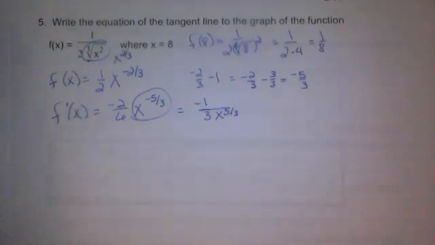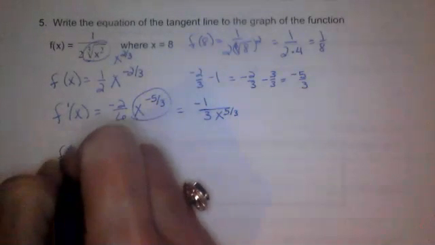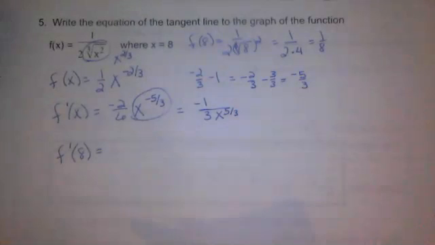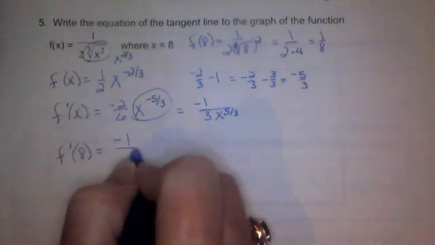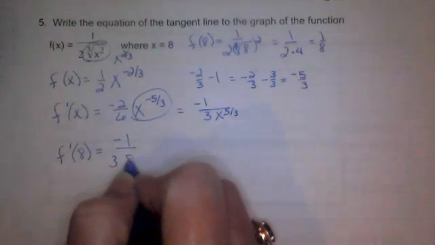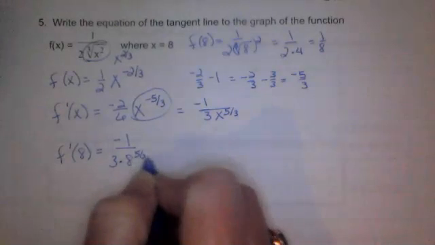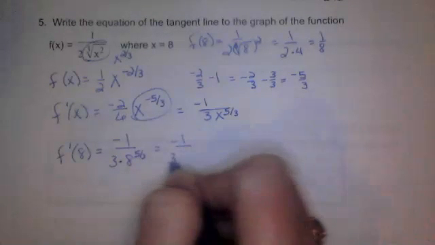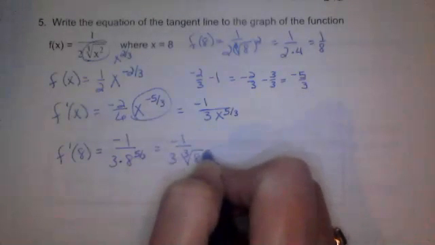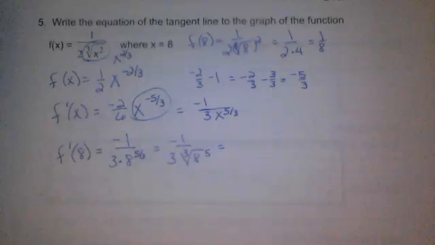Now, if you want to go ahead and put that as a root, you can. We're going to go ahead and plug in our value so we can find our slope. So I'm going to plug in my 8. So I have negative 1 over 3 times 8 to the 5/3 power, or negative 1 over 3 times the cube root of 8 to the 5th power.